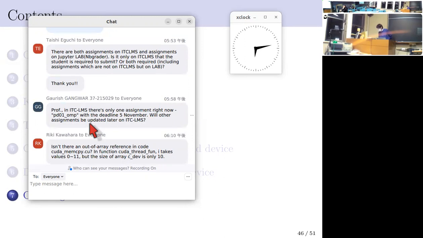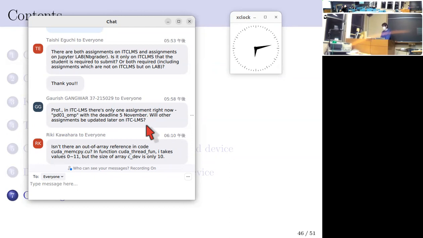The other question about the assignment was that you see only one assignment in ITCLMS, only about PD01 OMP. The other notebooks are going to be in another ITCLMS assignment. Actually, I'm not trying to make every single Jupyter notebook an assignment.